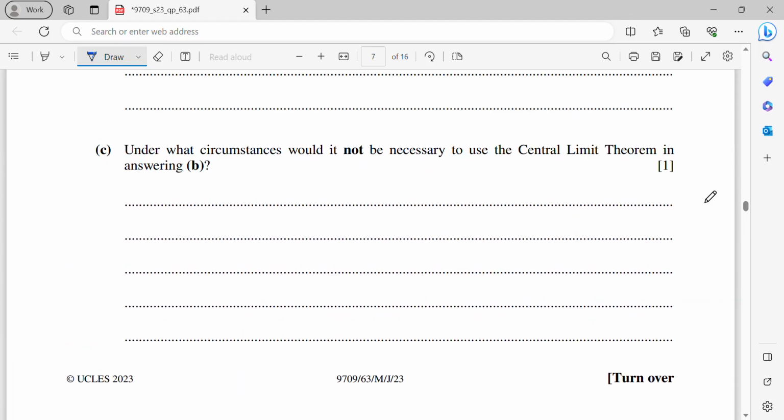Now, under what circumstances would it not be necessary to use central limit theorem in answering B? We don't use the central limit theorem to answer B if the distribution is normal.